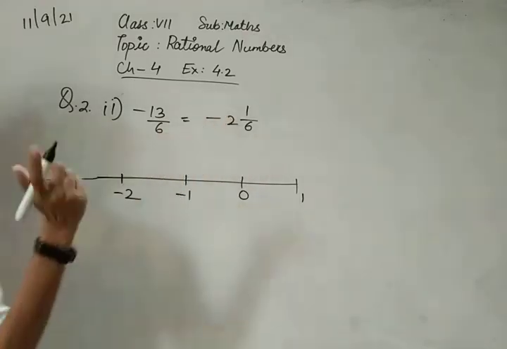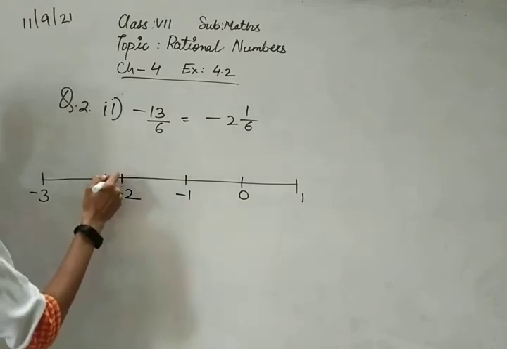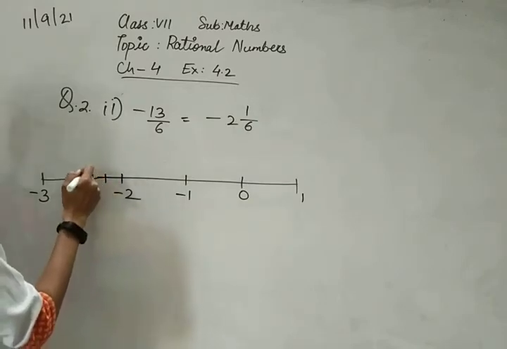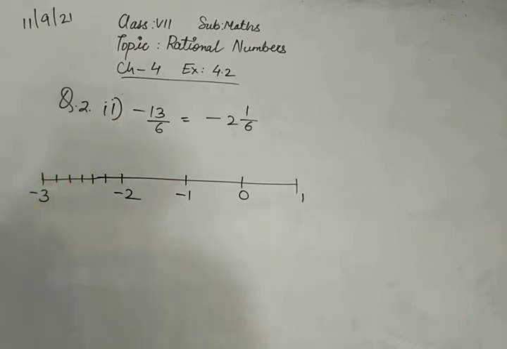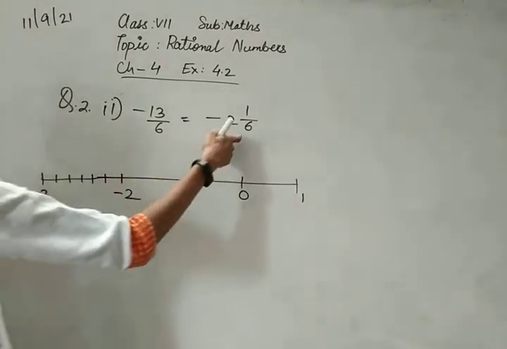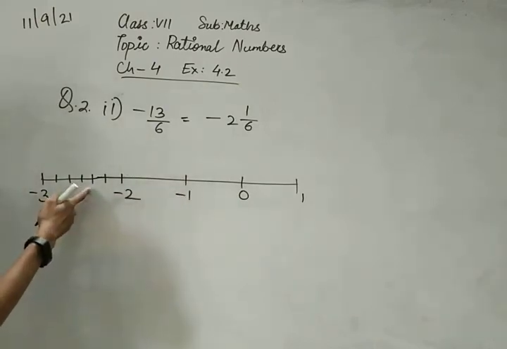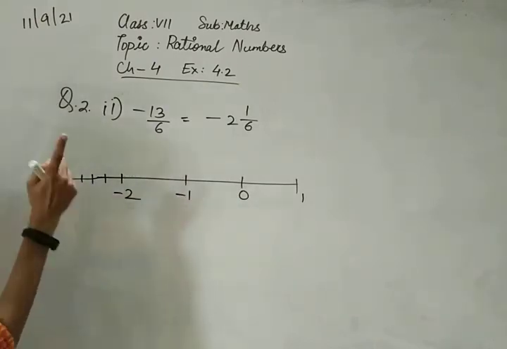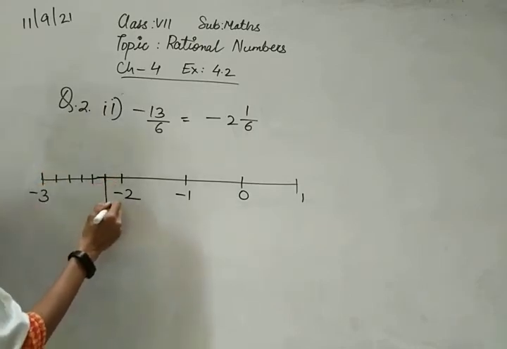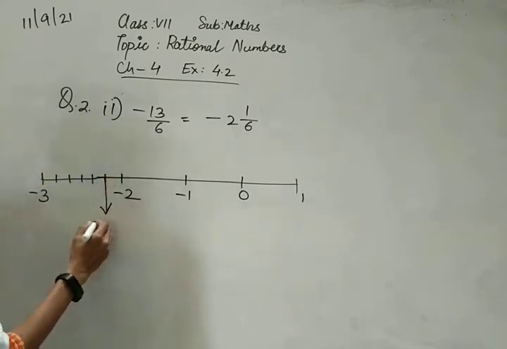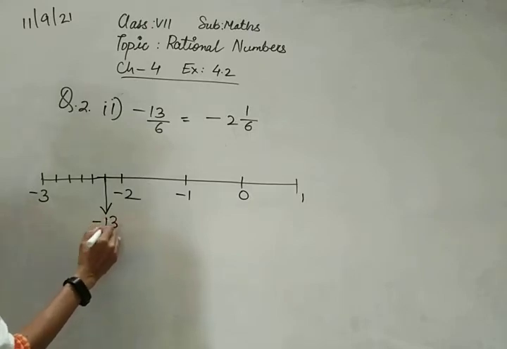In the denominator we have 6, so you have to divide it into 6 parts: 1, 2, 3, 4, 5, 6. The number we have in the denominator, we have to divide it into that many equal parts. Now in the numerator we have 1, so we will mark the number here, minus 13 by 6.